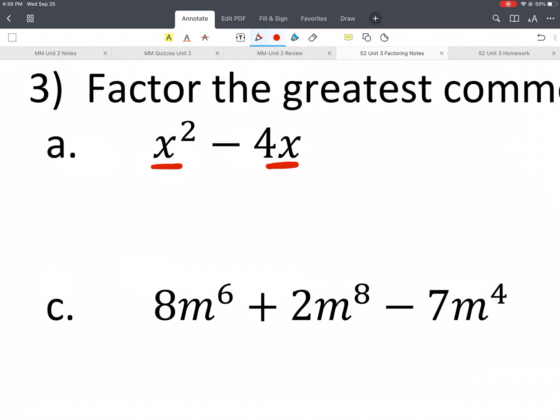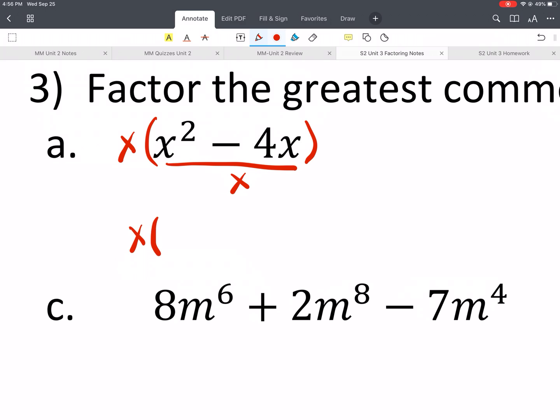If we take 2 x's out, we can't take 2 x's on the right side because there's not enough to take away. So the greatest common factor for this one would just be x, and then we would divide everything by x.